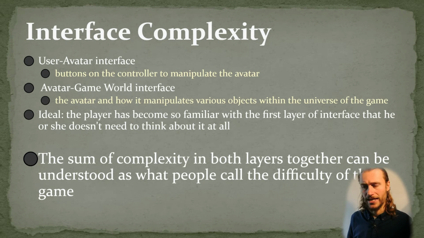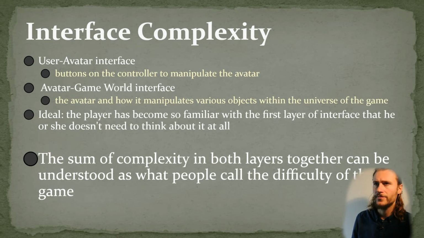But if you keep on playing, you practice, like driving a car, and at one point you have it, you know how to do it. Then the only difficulty is within the game. So what can I do there, and how can I manipulate objects, and that will become more difficult as well.